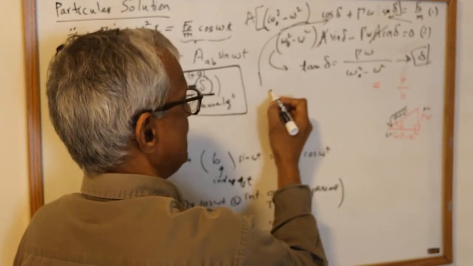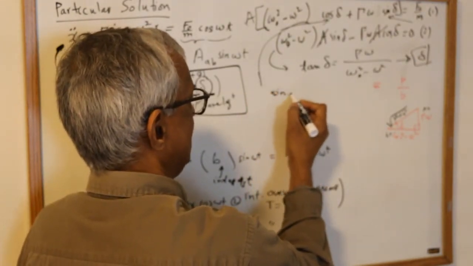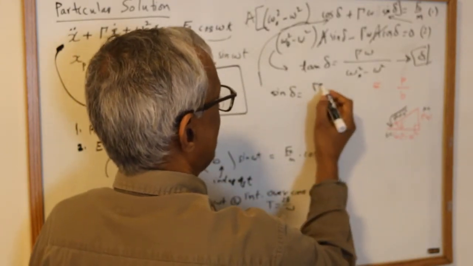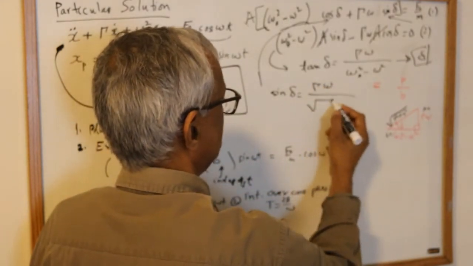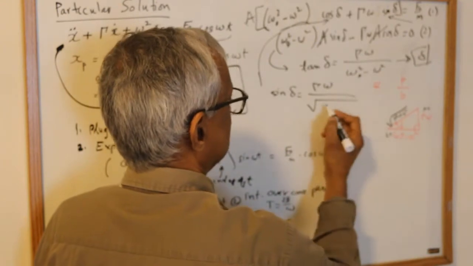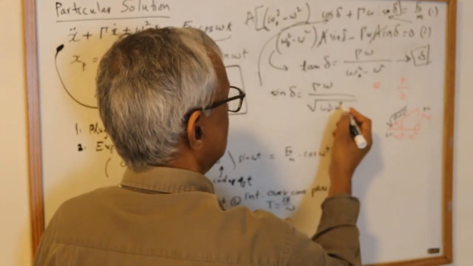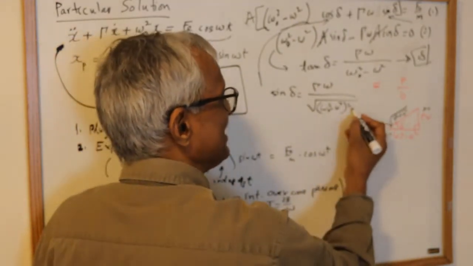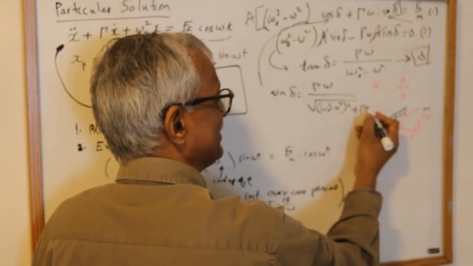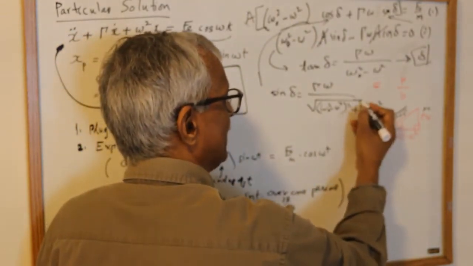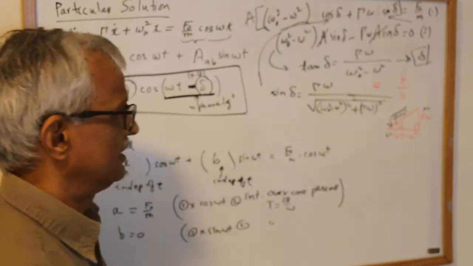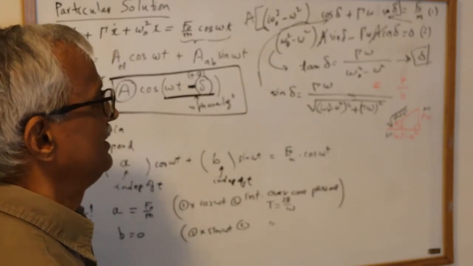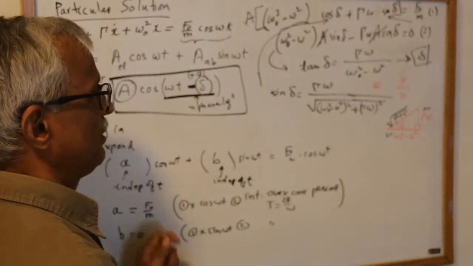So sine delta is gamma omega over the square root of this square, which is omega naught square minus omega square, squared. A whole bunch of squares here. That's really interesting. You can get really lost in all this squaring business, too many squares, squares of squares. You have to keep your mind straight about it.